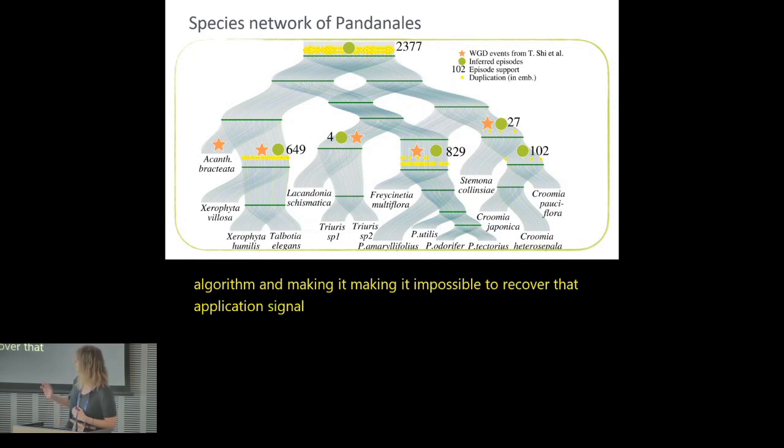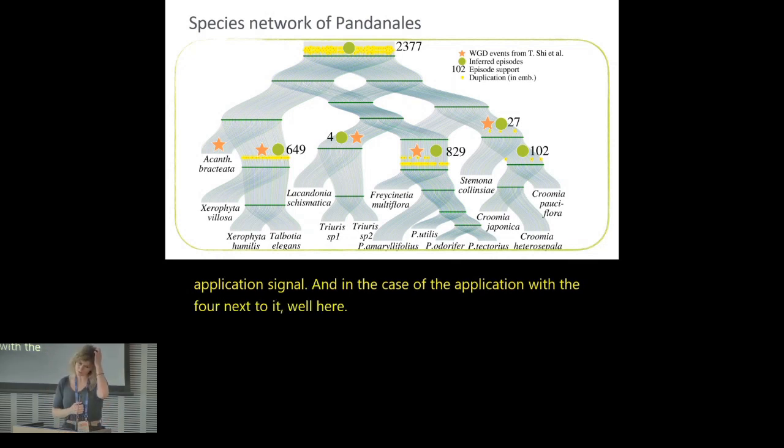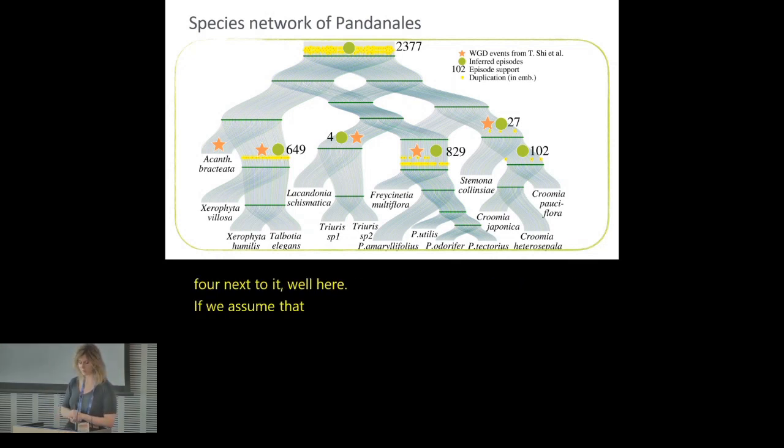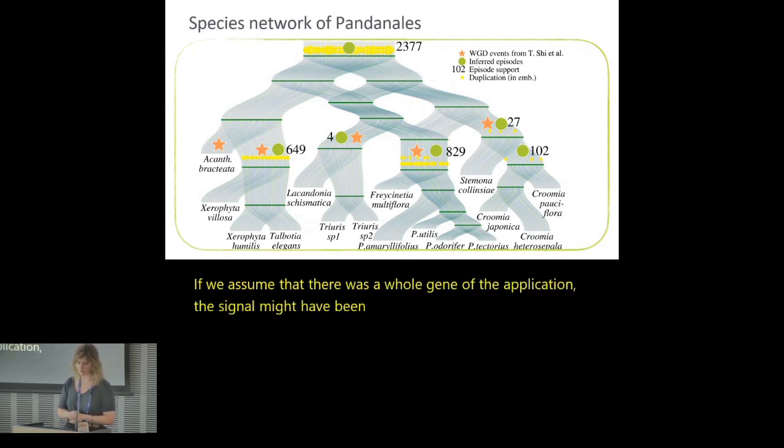And in the case of the duplication with the 4 next to it, well, here, if we assume that there was a whole genome duplication, the signal might have been lowered by, for example, gene losses, which usually occur after the whole genome duplications, or maybe the signal was not that good because of the reticulation that is nearby.